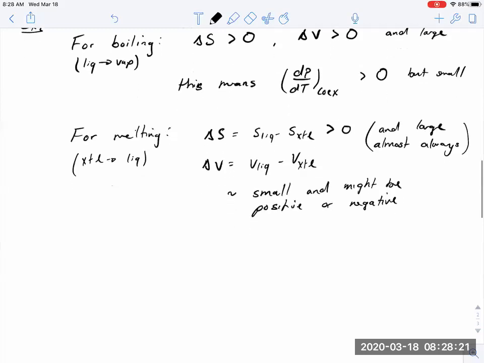So while dP/dT along coexistence has a sign we don't know, if we looked at its magnitude, I'm taking a ratio of a large number, a large change in entropy, to a small number, a very small change in volume, we know that its magnitude is large.